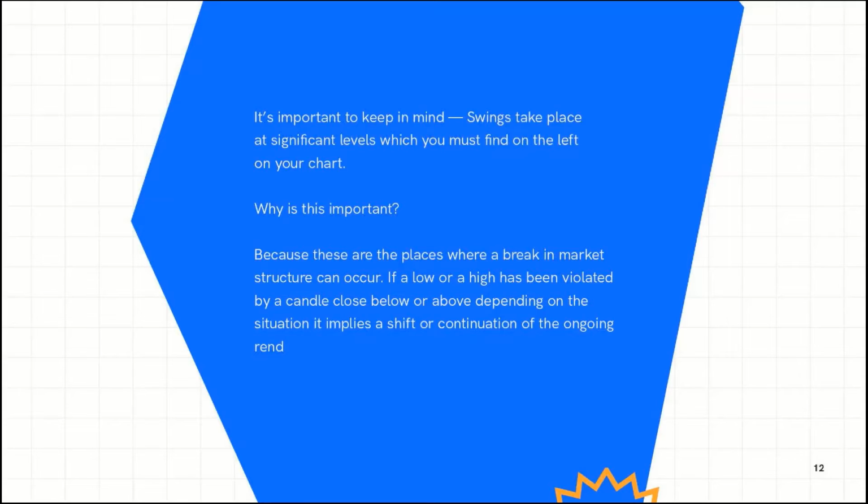Because these are places where a break in market structure can occur. If a swing low or a swing high has been violated by a candle close below or above, depending on the situation, it implies that there will soon be a shift or a continuation of the ongoing trend.